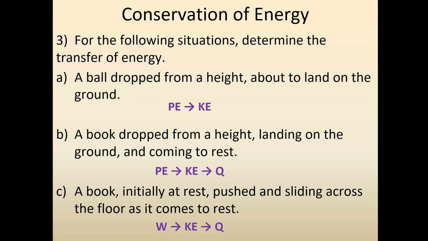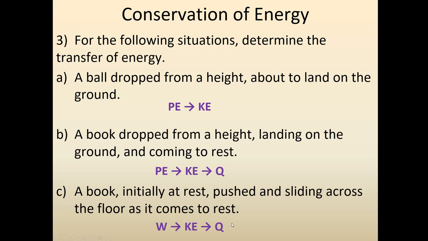Now, the reason why this is important is that this is how we're going to develop some of the equations. Because if I ask what's the kinetic energy in this case, well, I know it's going to be equal to whatever amount of energy I lost, and it's also equal to the amount of work being done. So this flow of energy tells me that if I start with 2 joules of work, that 2 joules turns into 2 joules of kinetic, which then turns into 2 joules of lost energy.